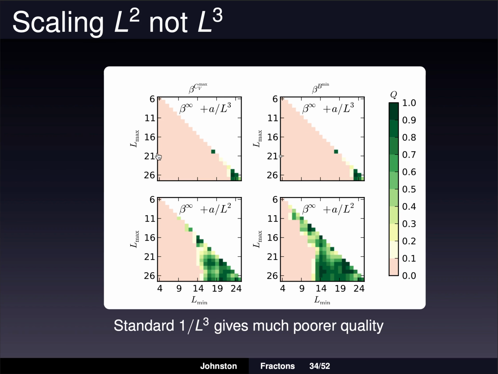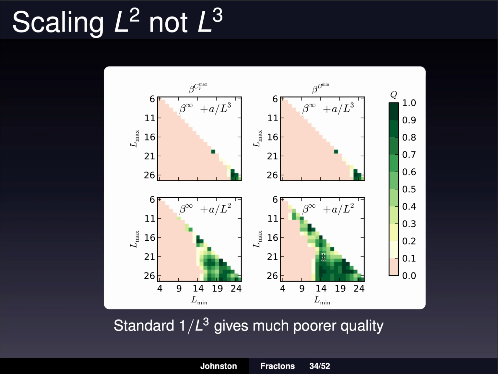The fitting range, minimum and maximum values of L, are given on the axes, and the quality of the fits are shown by the pixels. So orange or red, however it comes out on your screen, is bad. Green is good. And we can see that the range of fits is best whenever we take this modified L squared scaling.